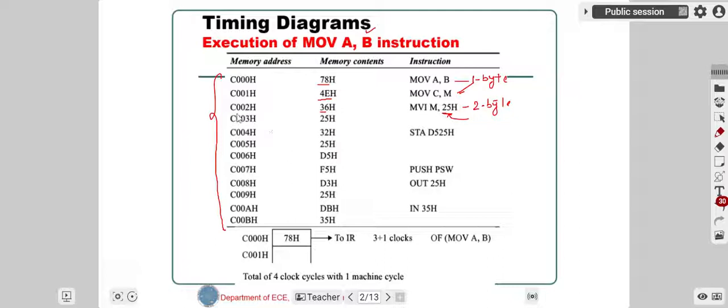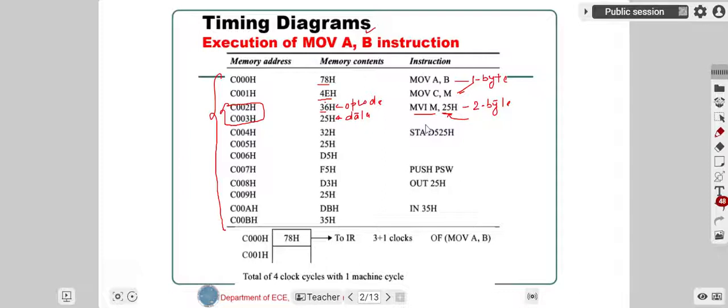That's why C002H and C003H are required to store this complete instruction, out of which in the first memory location C002H, the opcode for this instruction would be stored, and in the next is the data which has been provided with this instruction.